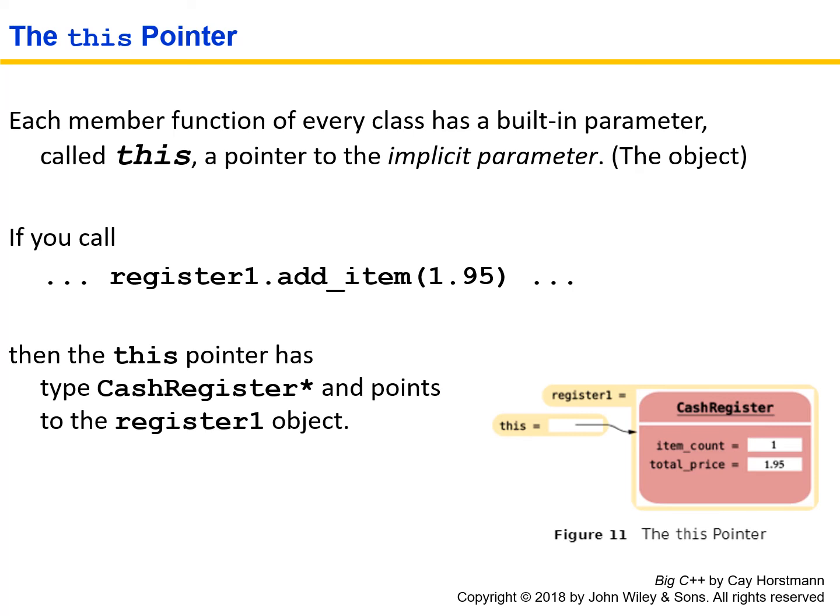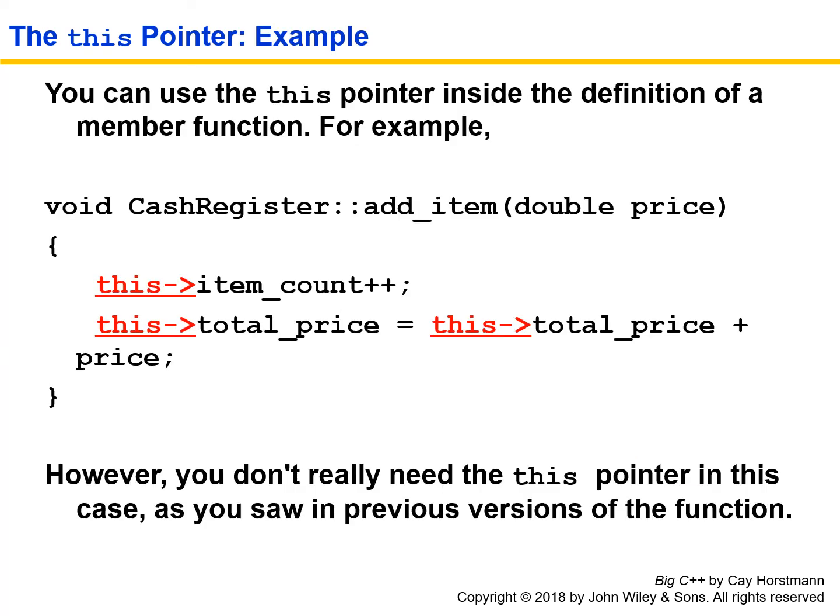So if you call add item 1.95, and inside your add item you set item count plus plus and total price to total price plus price, you're implicitly using the this pointer. Okay, you can actually explicitly write the this pointer if you want to.